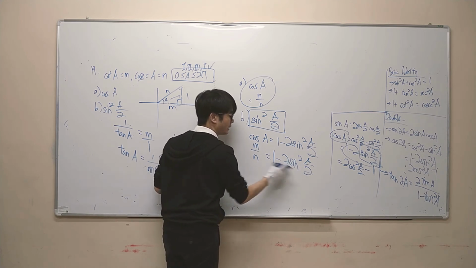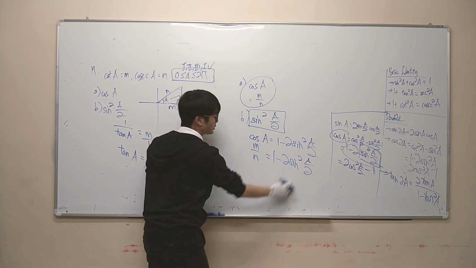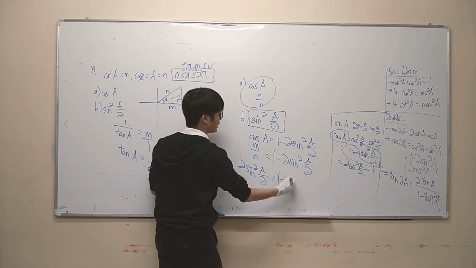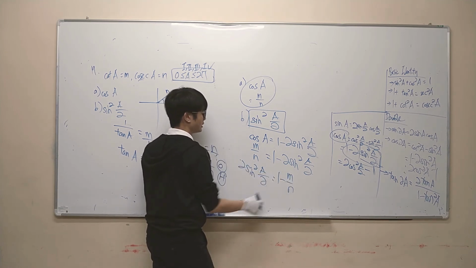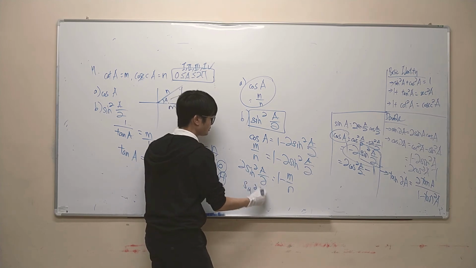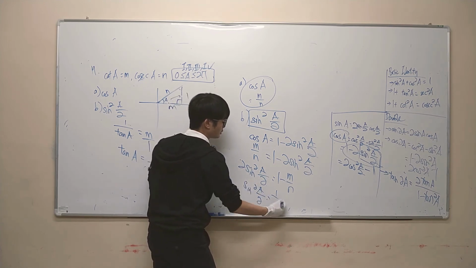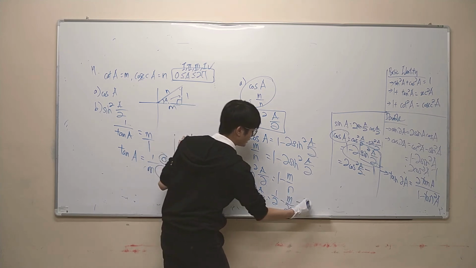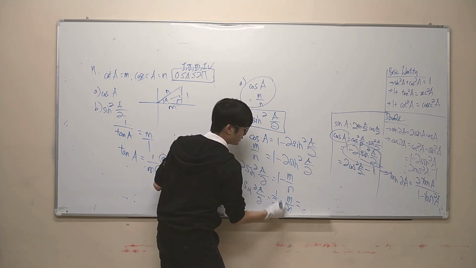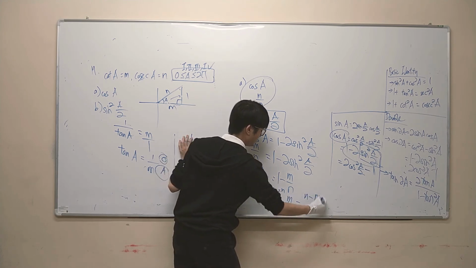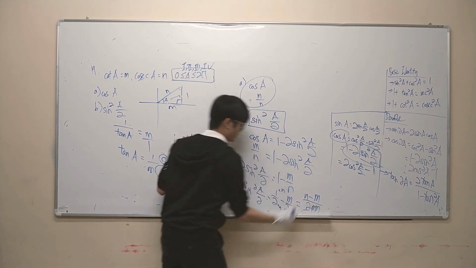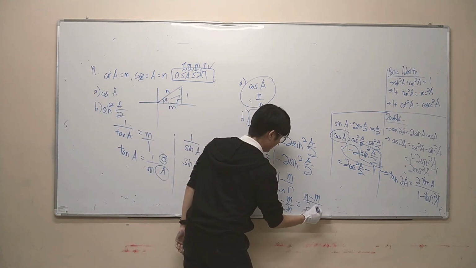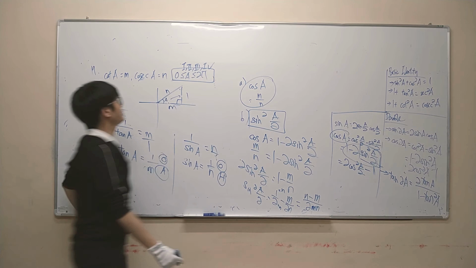I want to find this, but it's negative, so I don't like it. So how to change it to positive? Move it here. So you have 2 sin square A over 2 equals to 1 minus m over n. This one plus, then minus. So what is sin square A over 2? So divide 2, so 1 over 2, divide 2, n over 2n. So you can also simplify by multiplying n here. So it becomes n minus m over 2n. Okay, this one is m over n. Alright, so you understand?